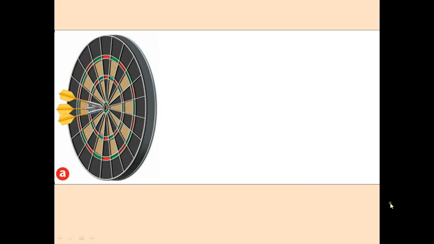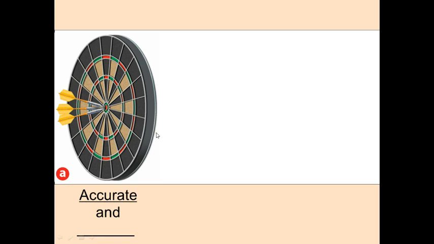Right now we're going to talk about accuracy versus precision. If you think about it, accuracy is how accurate you are, so how close you are to the actual target. This would be accurate because we are on target here.